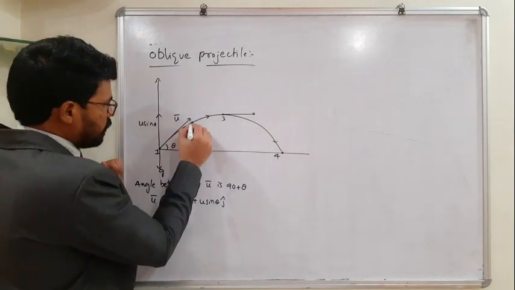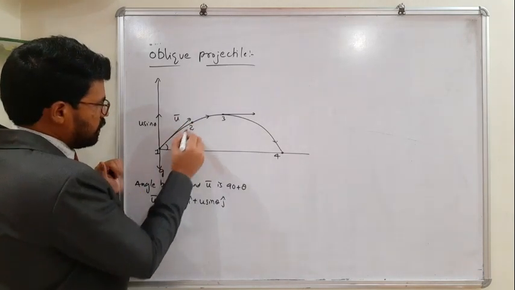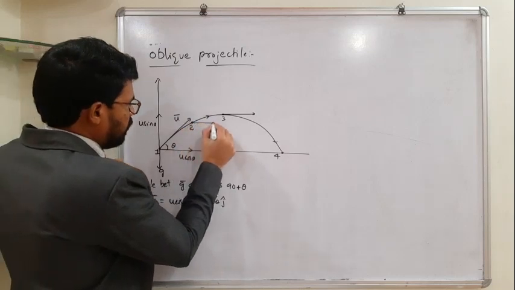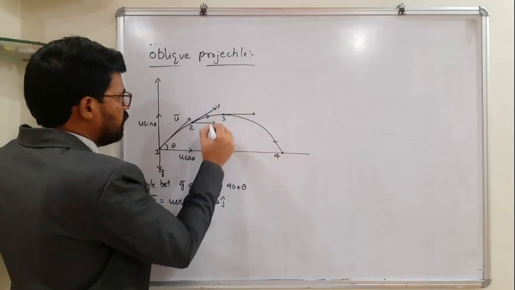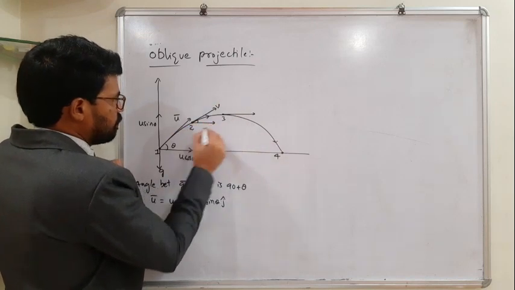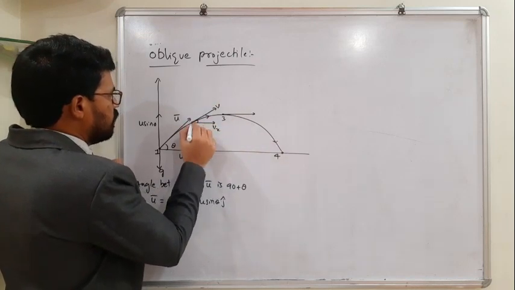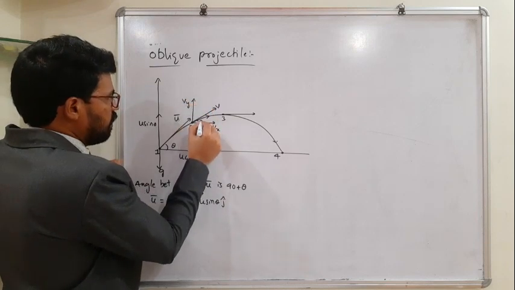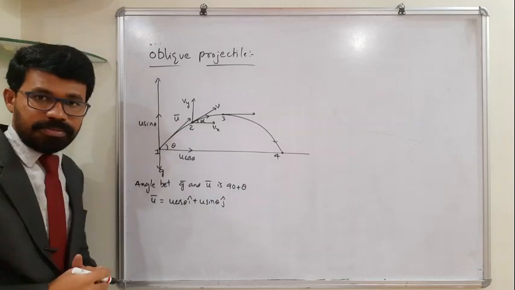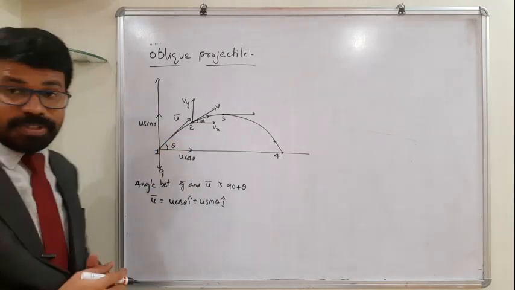So let us focus on this one. By the time the body reaches here, its velocity will be different. Tangentially, let us say the velocity is something like v. If it is resolved into two components, one is the x component, the other is the y component. Let us say it is making an angle alpha with the horizontal. This angle and this angle won't be the same.